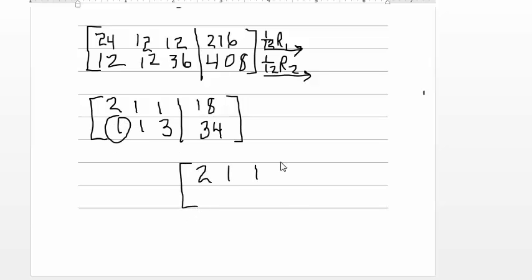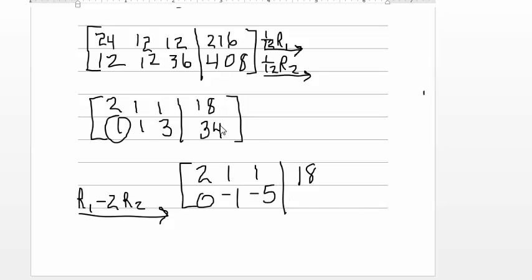So I'm going to get my zeros in column 1, and my anchor row is row 1. So row 1 minus 2 row 2 gives me a row 2 of 0, -1, -5, and -50.